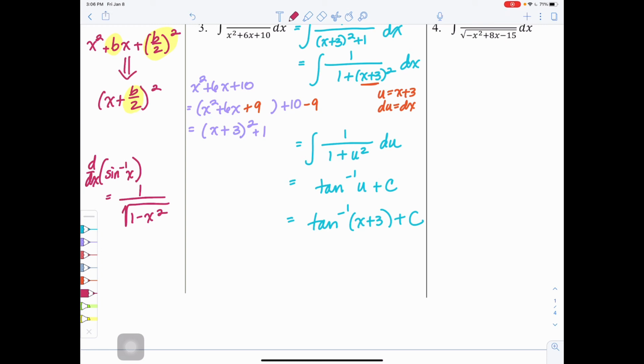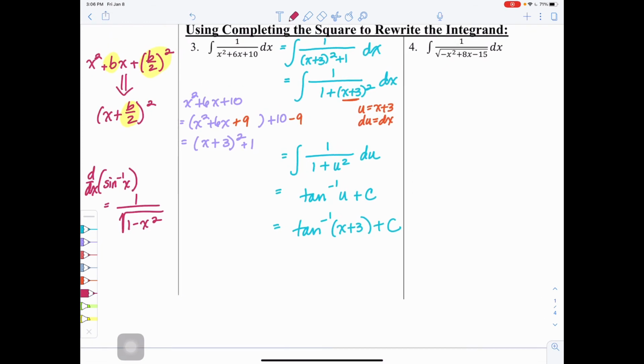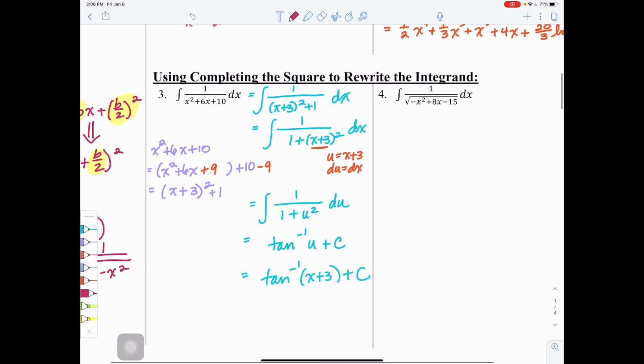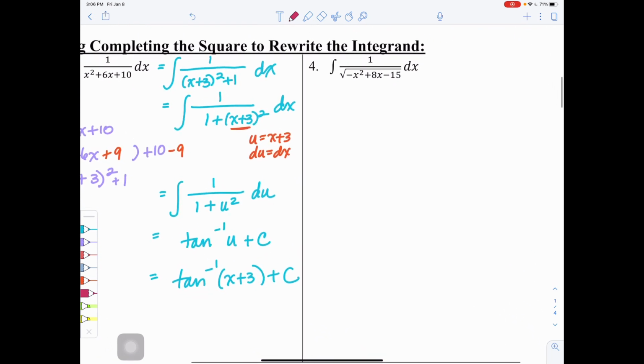Don't forget the derivative of the cosine inverse looks just like this, but the cosine inverse has a negative 1 in the numerator. So that's what we're headed for. This is possibly going to be a sine inverse or a cosine inverse. So let's go ahead and take this denominator, and we're going to work with it a little bit. Negative x squared plus 8x minus 15.